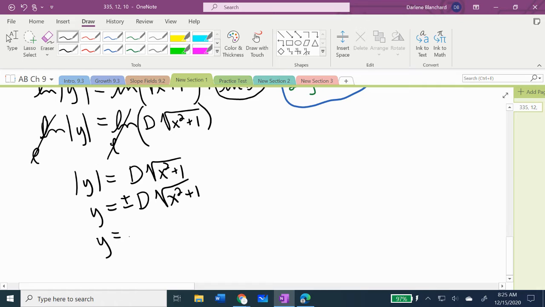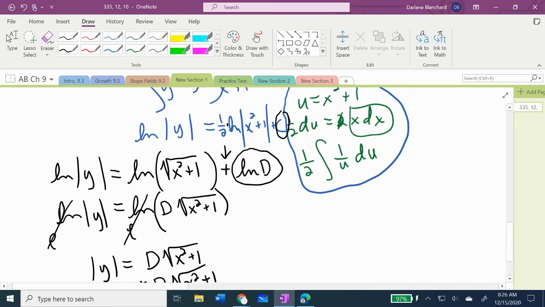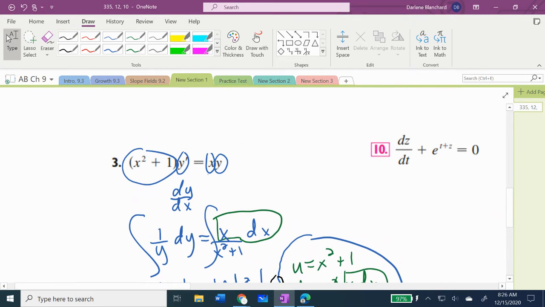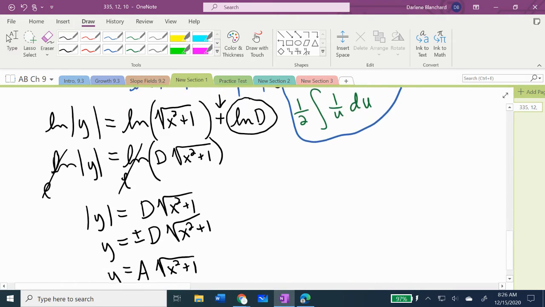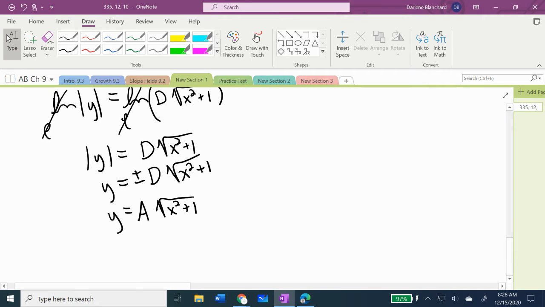And now I'm going to make another letter representing an unknown constant. I'll use capital A to represent plus or minus whatever d is. This problem did not give an initial point, so this is as far as you can go.